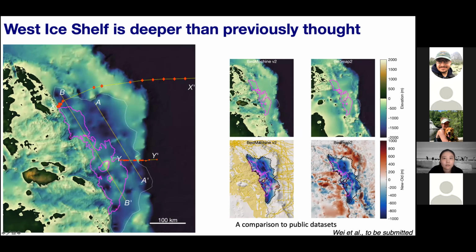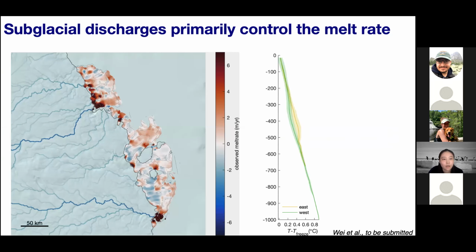Yeah, we can see the deep troughs near the grounding line of West, and the subglacial meltwater estimate is for this method. I assume the bed water pressure is equal to the overburden pressure of the ice sheet. So this gives a first order approximation of what the subglacial routing will look like.